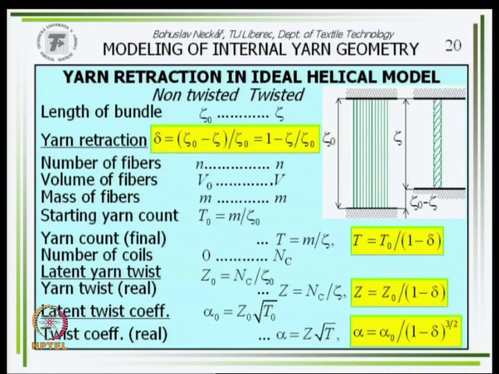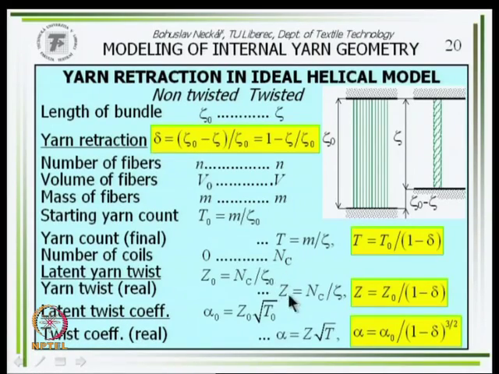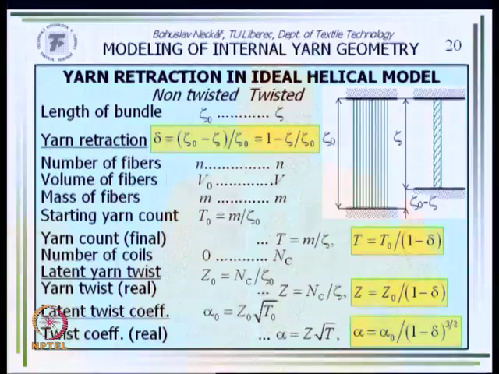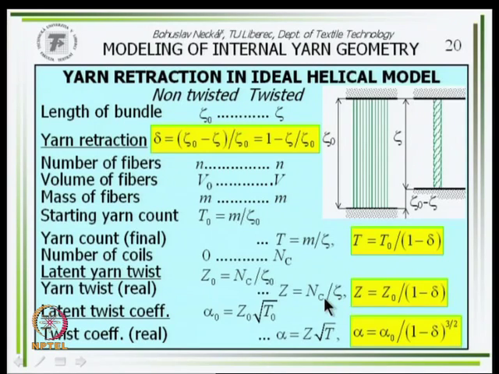How many coils will I give to 1 meter of non-twisted parallel fiber bundle? Do you understand this term? In opposition to standard yarn twist, which is the same number of coils, but per length of yarn. How many coils are on 1 meter of final yarn? So that it's NC by zeta.